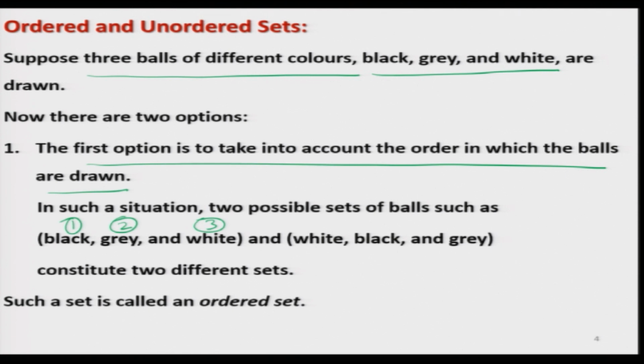For example, if you draw the first ball, it may come out to be white, the second ball may come out to be black, and the third ball can be grey. So, you can see that different combinations can be made, like black, grey, white; black, white, grey; white, black, grey and so on.